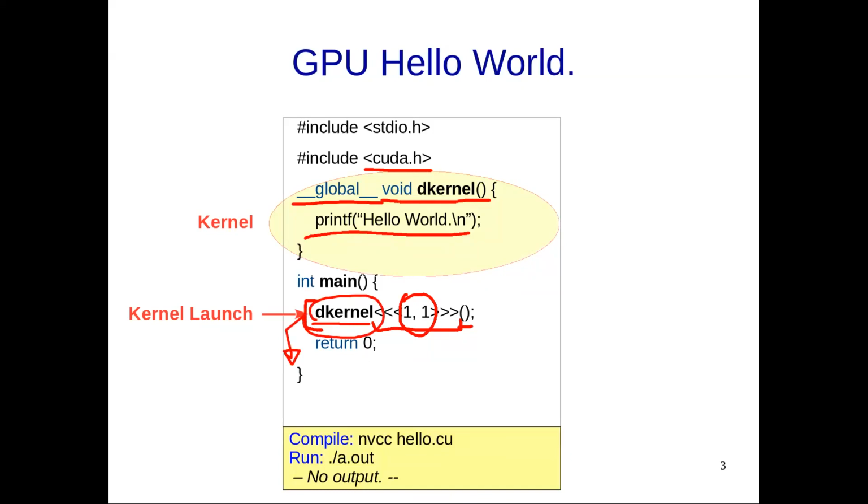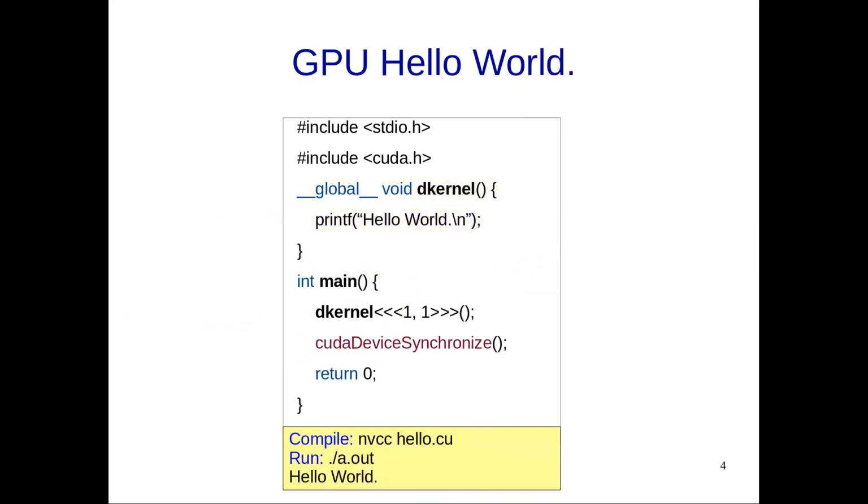It will be nice to make this code synchronous, that is, the CPU waits for the GPU to finish its execution. That gets done using something called cudaDeviceSynchronize. It allows this kernel to finish on the GPU, and the CPU waits before executing any piece of code after this.